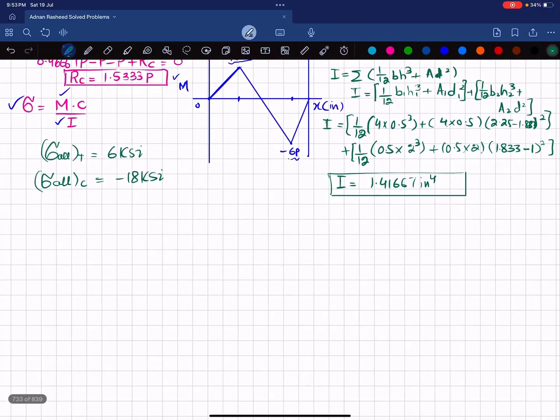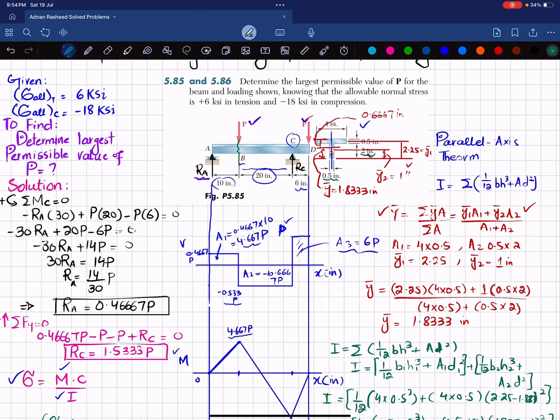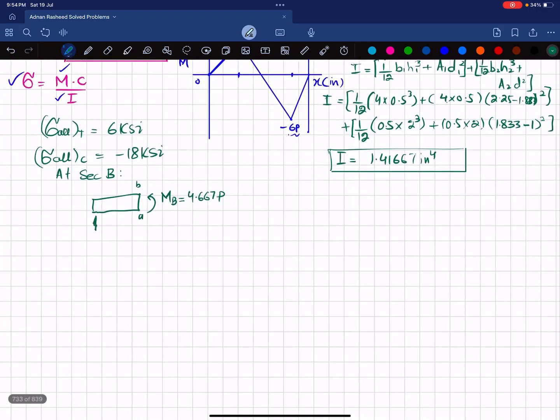So what we will do is that I will write it at section B. If I draw the beam like that, so this is your beam. The net moment at point B is equal to how much? 4.667 times P, and let this is your small point B, and this is your small point A. This will be section B. You can see due to the moment, this upper portion will be in compression and lower portion will be in tension.